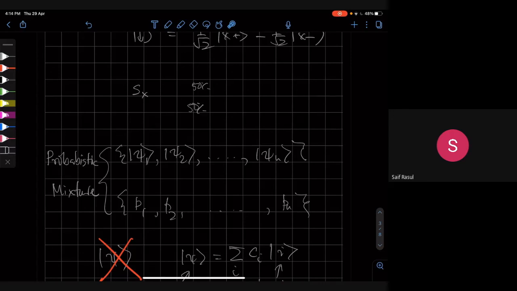It's still a vector in there. A density matrix is not a vector in the Hilbert space. It's a much more complicated object. Whereas a pure state is a vector in your Hilbert space, and when you're looking at a superposition, what you're saying is that I'm looking at it from a different basis.